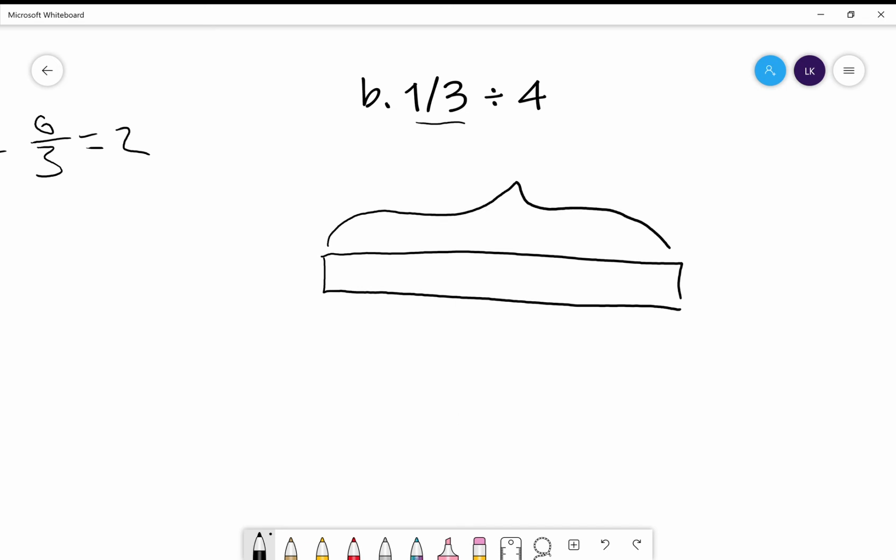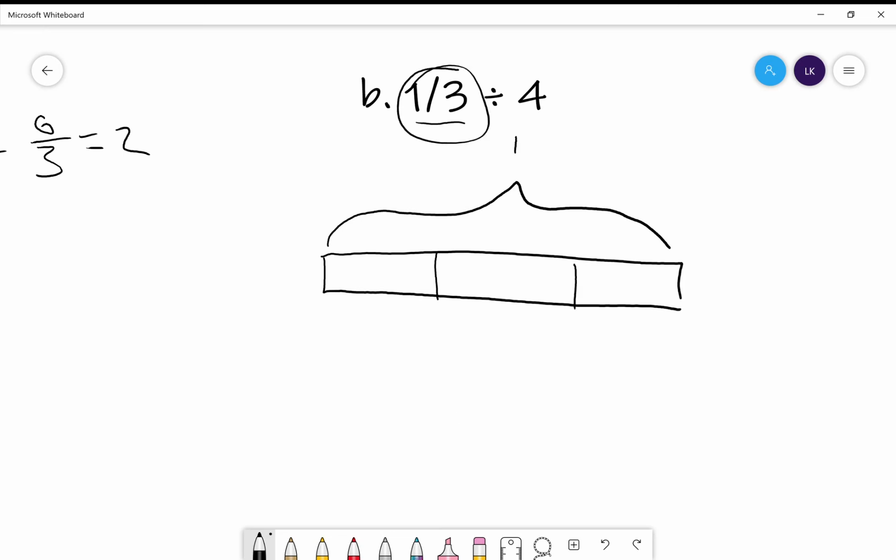It's very similar to some of the questions we've done in past lessons. You know, so-and-so had 1/4 ton of stuff and they split that into 5 pallets. Well, it's similar to that. So I'm going to break my whole up into thirds.